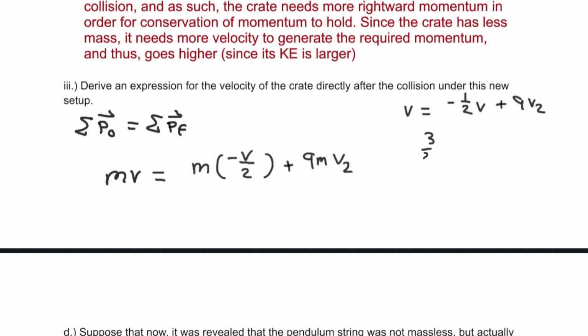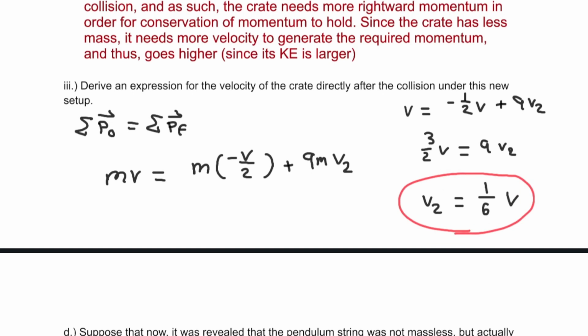So we get 3/2 v is equal to 9 v2, or v2 is equal to 3/18, which is 1/6 of v. And notice that is higher than 1/10. And 1/10 was our v after the collision in the first case.